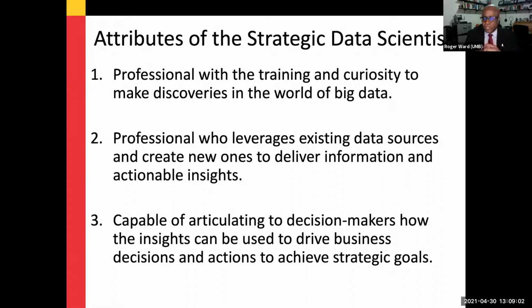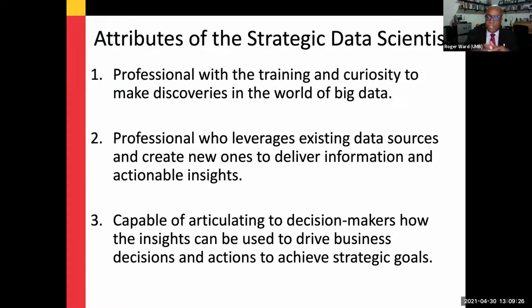And the third one, I would argue, is the most elusive: capable of articulating to decision makers like myself, the president, and the deans how the insights that these data scientists have extracted or uncovered in big data can be used to drive business decisions so that we could achieve our strategic goals.